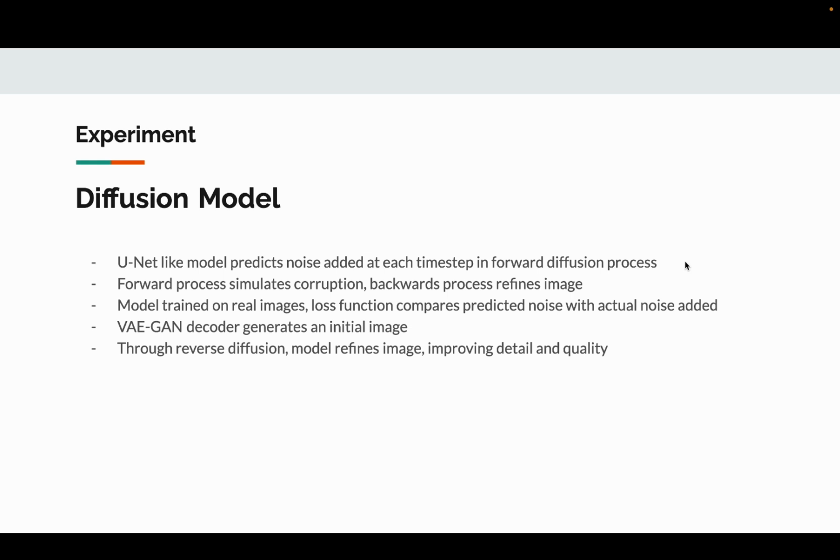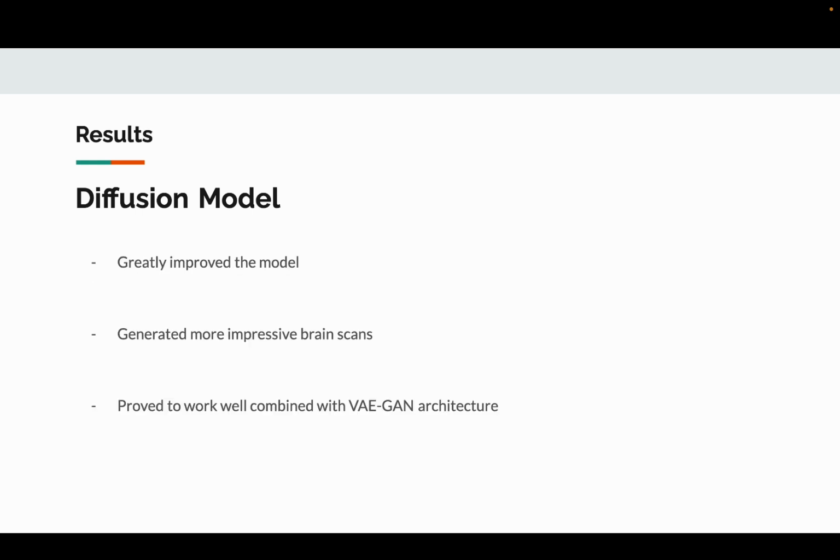And the VAE-GAN decoder would generate an initial image, and then it would be able to find the entire process. Through reverse diffusion, the model refined the image, which improved both its detail and quality, which we actually saw greatly improve the model in comparison to strictly VAE-GAN architecture.